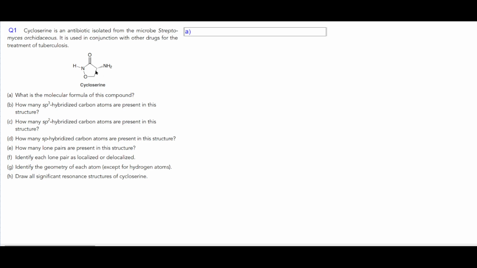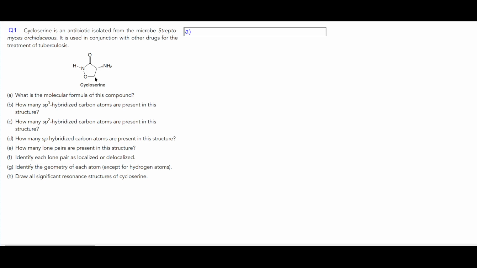So whichever carbons are not showing four bonds, the rest of the bonds are expected to be with hydrogen. Take an example of this particular carbon over here. You can see this carbon is shown with one, two, and three bonds. So the fourth bond is expected to be with hydrogen.